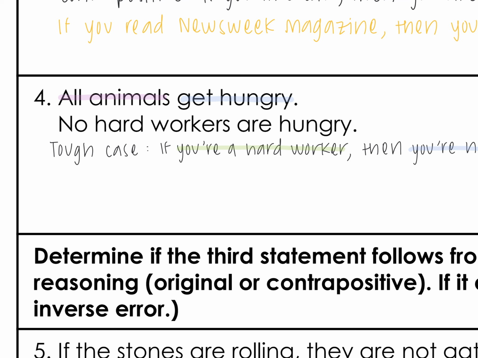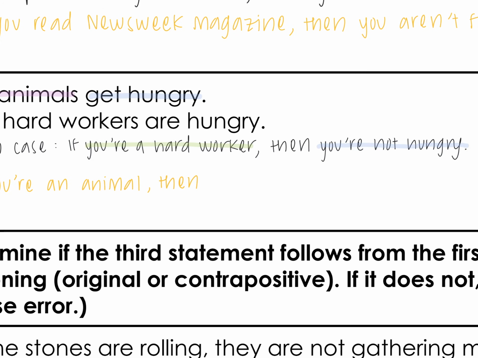So we'll have that if you are an animal, or if it's an animal, however you want to write that out to begin with, then, and remember when we do that contrapositive on that second sentence, it's actually going to read as, if you are hungry, then you are not a hard worker.